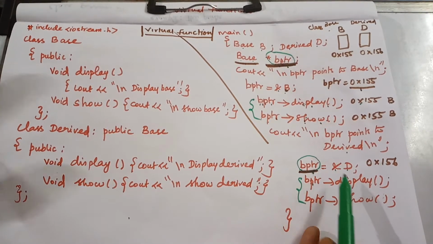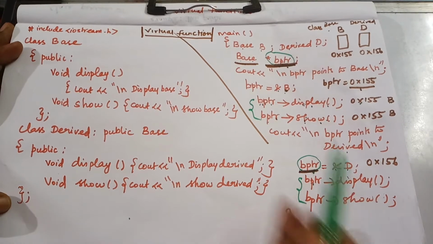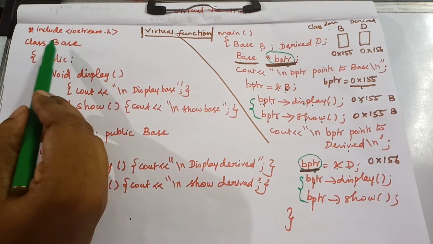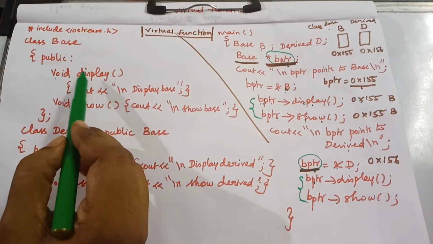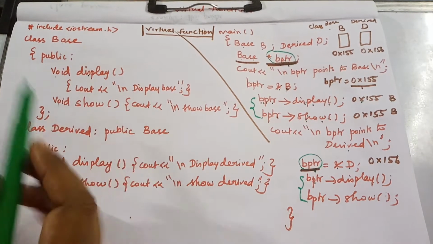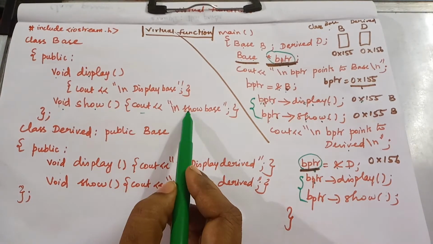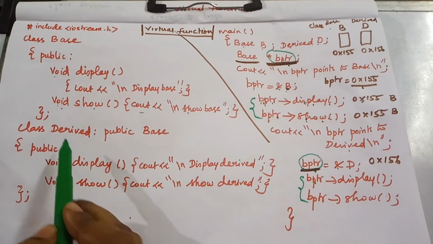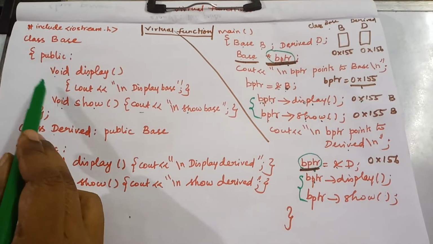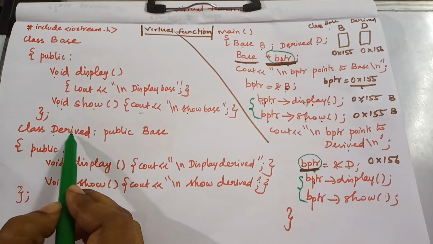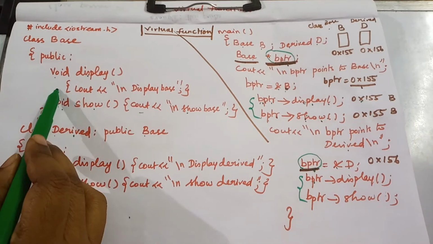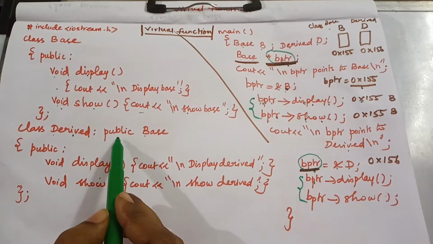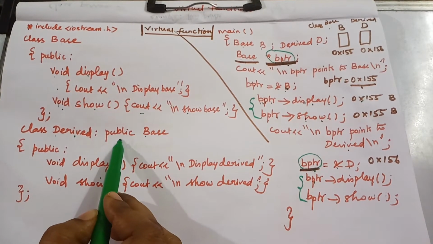Now I am moving to the class definition. See here, class base class. Base class consists of void display, cout display, void show, cout show base. Similarly, derived class, so it's a single inheritance, it's a derived class, and the base class is derived here in public mode.